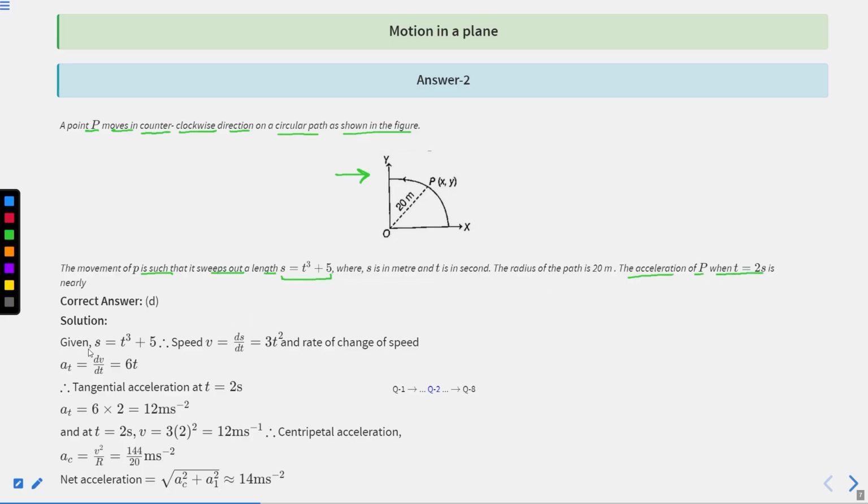So the solution is: given s equals t cubed plus 5. Using s we can calculate the speed.